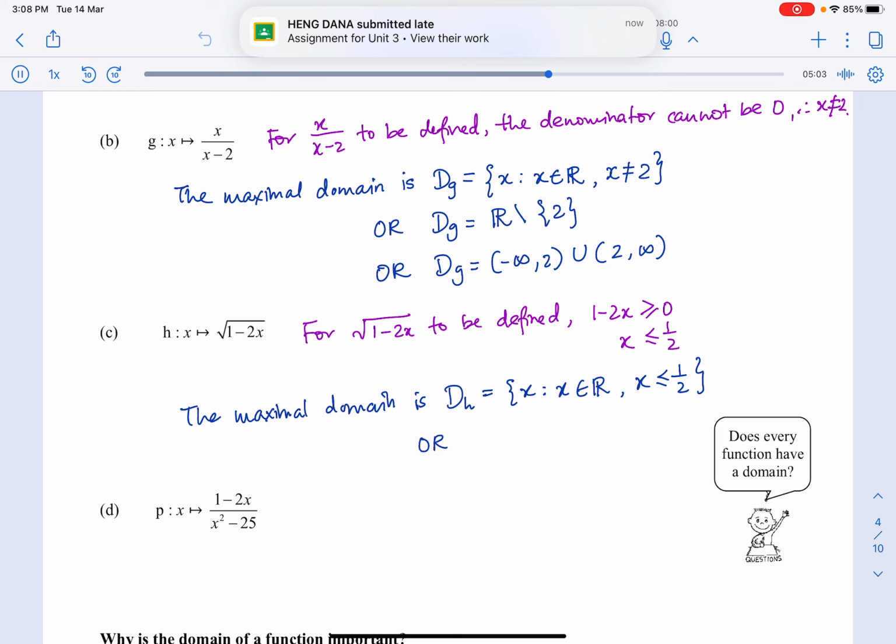Or in interval notation, it will be written as negative infinity to half. It's a square bracket because half is included.